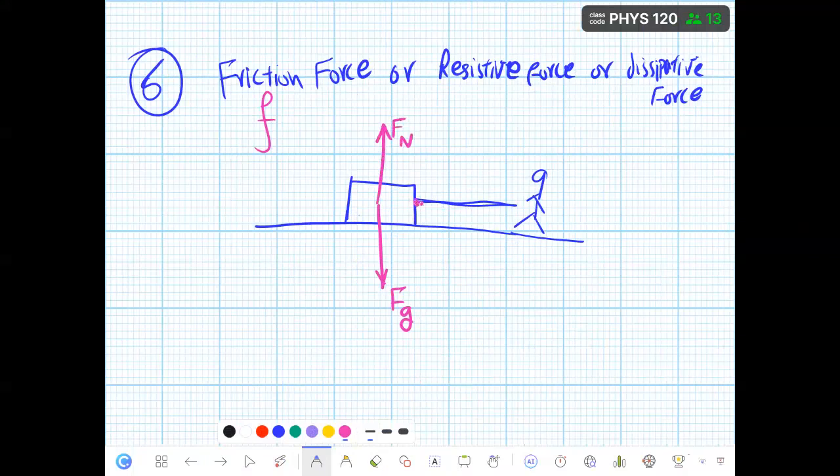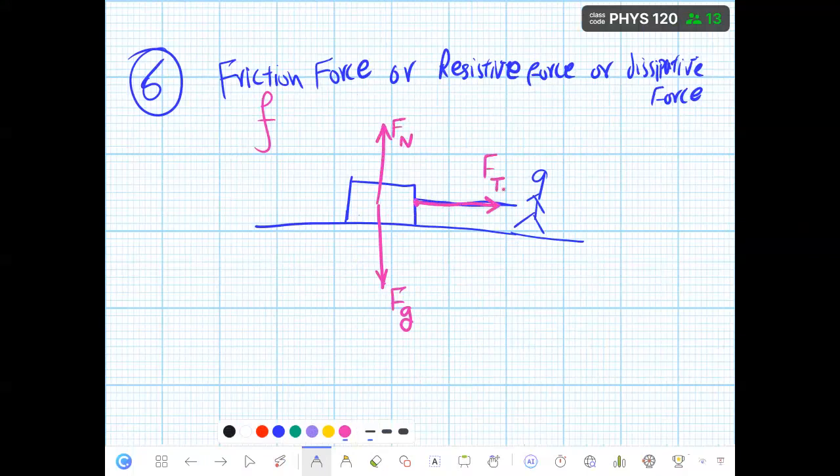There is a contact point between the rope and the box, so there will be a tension force. And there is an interaction between the box and the ground: friction force. And what is the direction of the friction force?